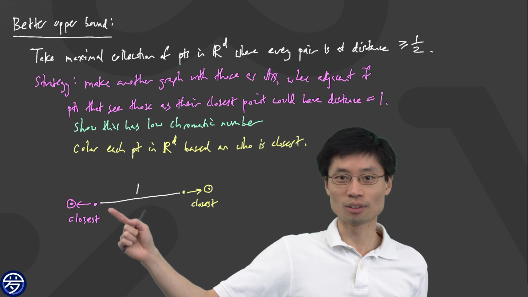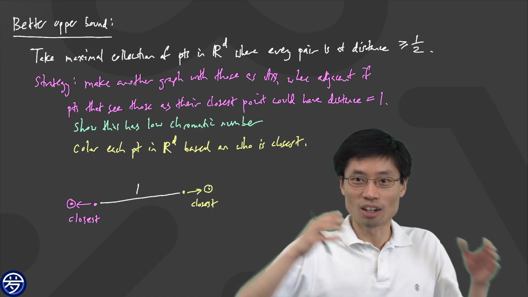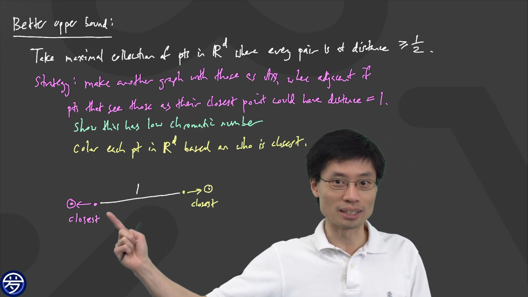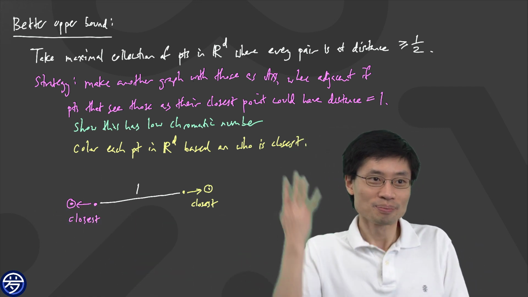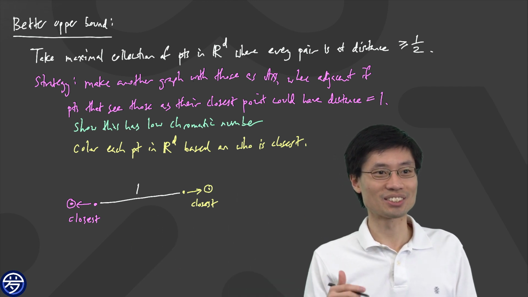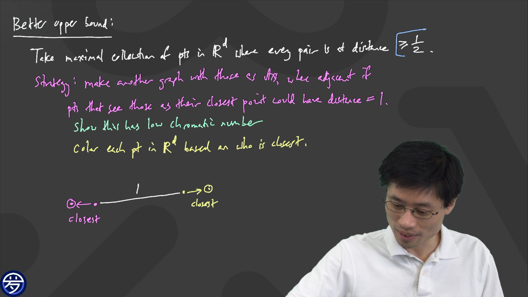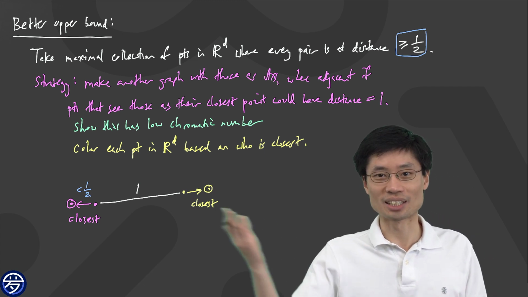The point is that we had a maximal collection of points, which has the property that all of them are separated by at least half. If there exists any point whose nearest thing has distance bigger or equal to half, well, then you should have added it to the set. So that very first piece tells me that this is actually strictly less than half, because otherwise I could have added the point.